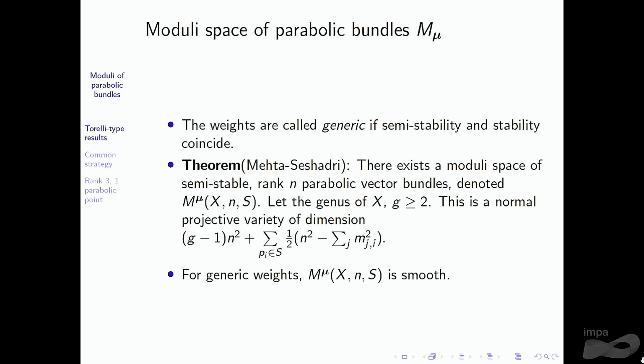Okay? So the moduli space of semi-stable parabolic bundles was constructed by Mehta and Seshadri, and in general, for any set of weights, this is a normal projective variety of this dimension, taking into account the parabolic points and the weights, etc. And if the weights are generic, it is actually smooth.